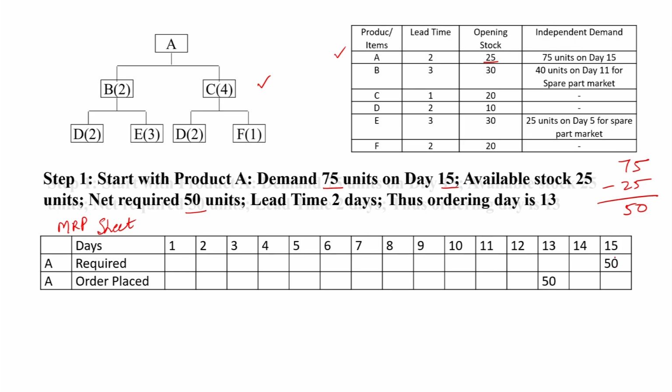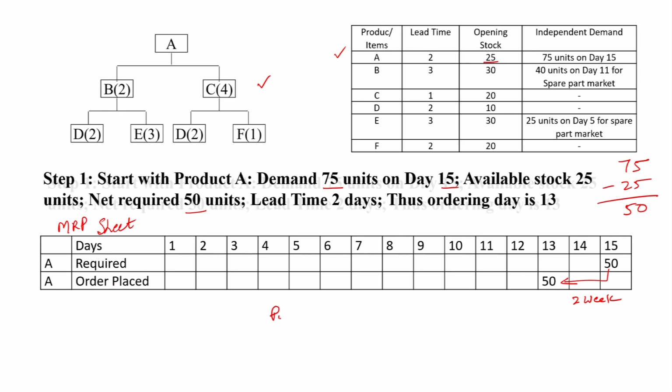Now, for item A, 2 weeks is the lead time. If 2 weeks is the lead time, I must start this production on the 30th day. So, I have shifted this date by 2 weeks. So, an order should be placed, whether it is a purchase order or a work order.